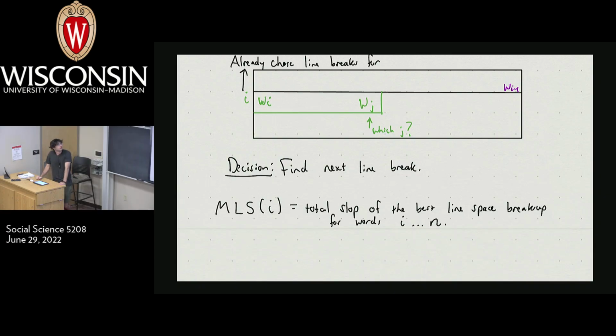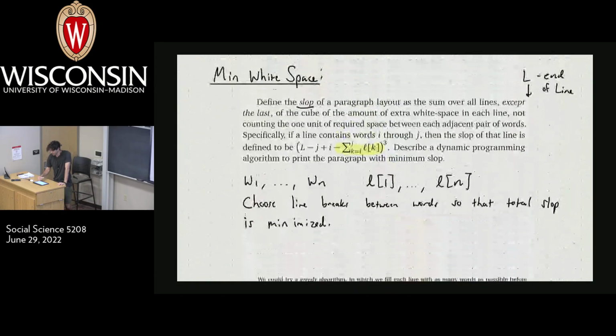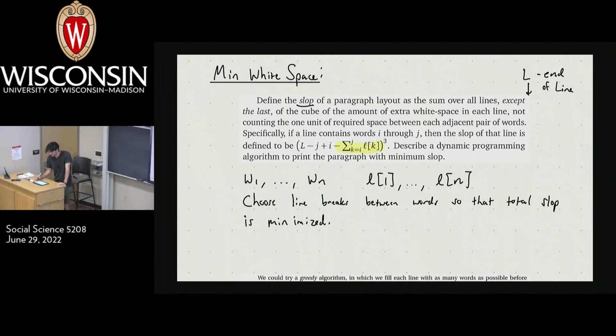Okay. So one more thing we need to know is that the definition of slop doesn't care about the last line. So for the last line, like just think of this paragraph, it's not spreading it out so that it hits the left and right margin. The last sentence is allowed to have empty space on the end.